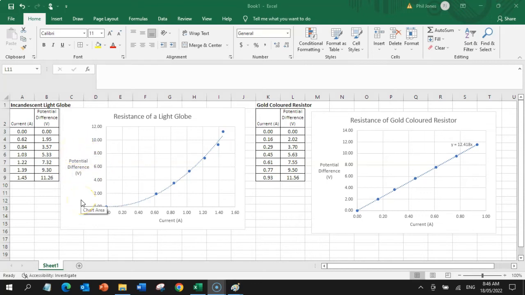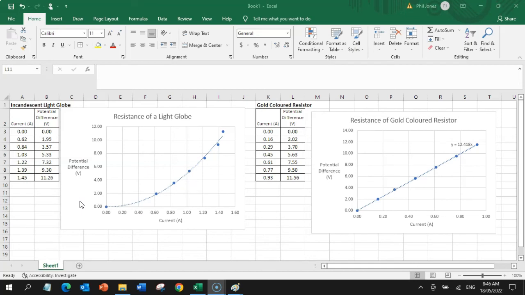Why might that be the case? Well, the obvious answer is that the globe is heating up. The molecules or the atoms inside the tungsten element would be vibrating more rapidly, and that interferes with the flow of the electrons. This resistor would be known as a non-ohmic resistor. It does not obey Ohm's law.